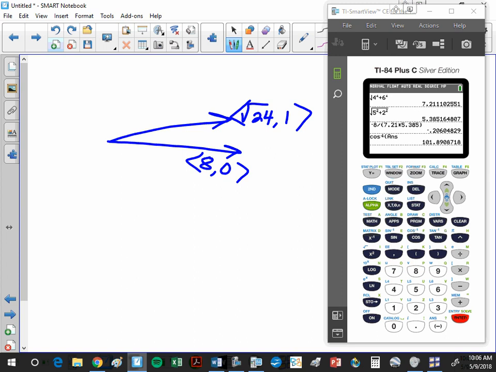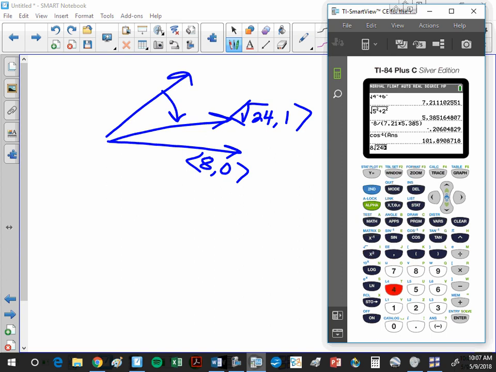Well, my number should be close to 40, because I took my original vector and I rotated it down, so I'm closer to a 0-degree angle. So 8 root 24 plus 0, I'm really close to 40.